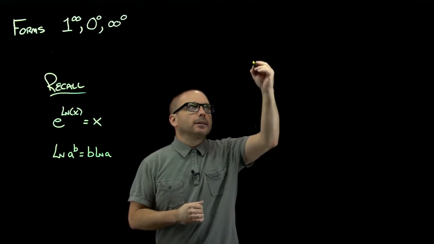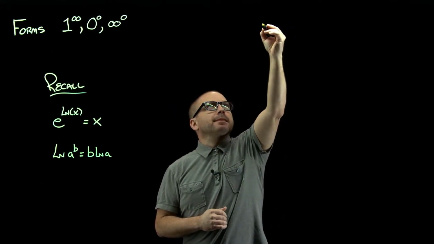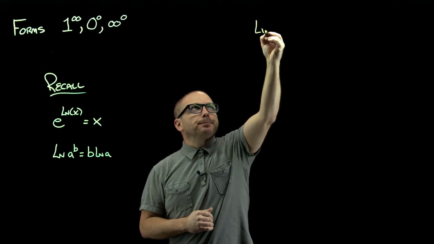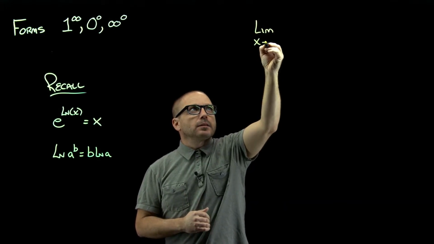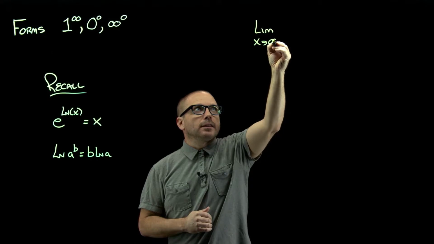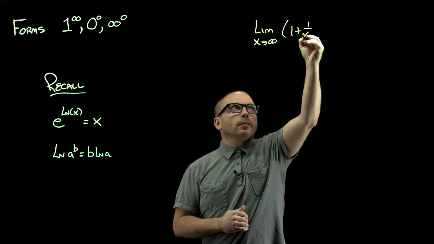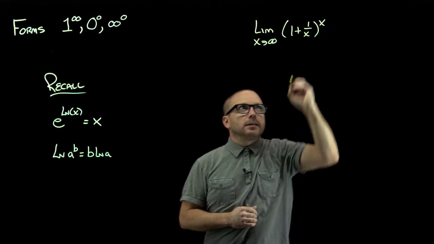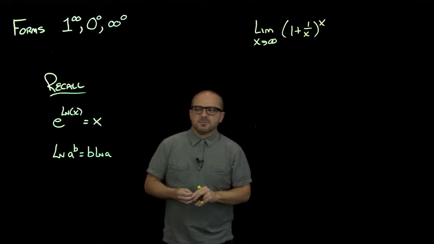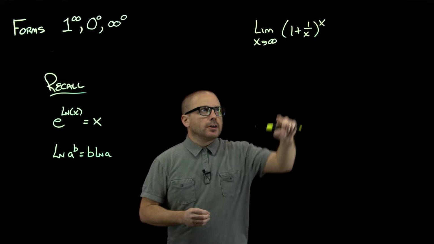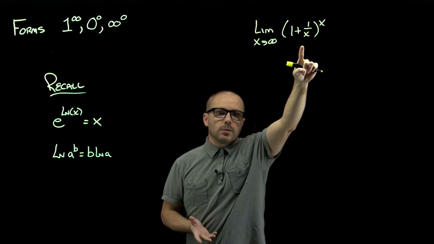So say we had the limit as x goes to infinity of (1 plus 1 over x) to the x. So as x gets very, very large, that little fraction's going to 0.